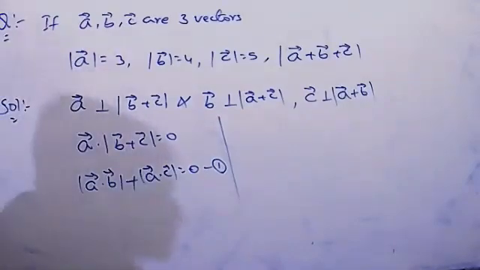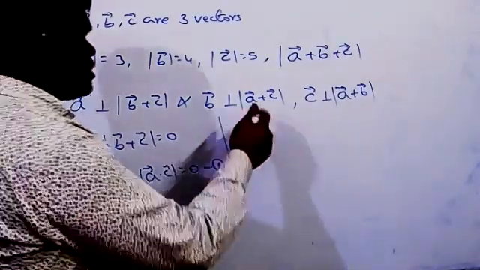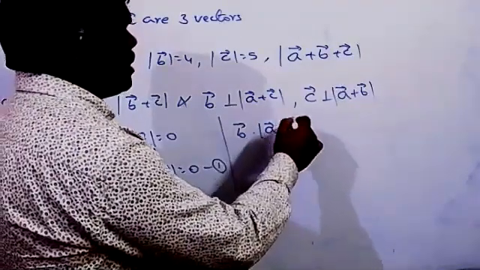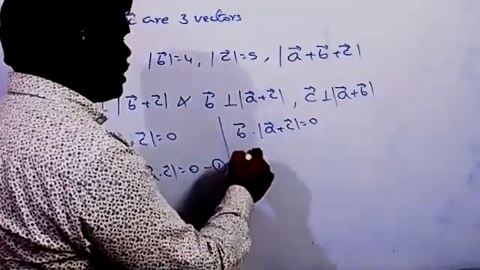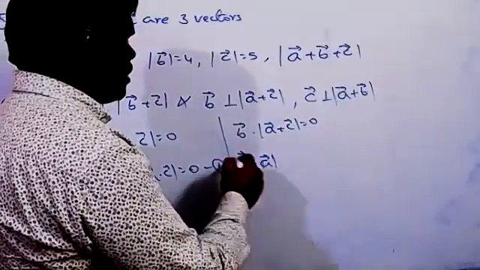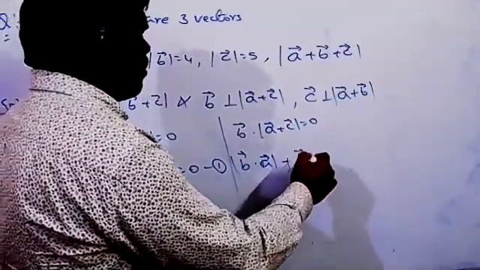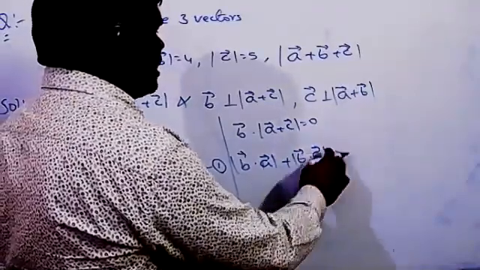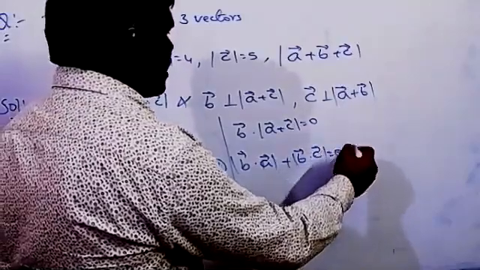Similarly, you can write B dot (A plus C) is equal to 0. By the distributive law, B dot A plus B dot C also equals 0. This is equation number 2.